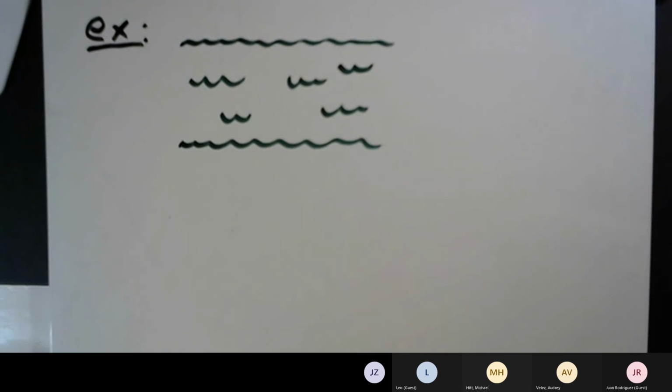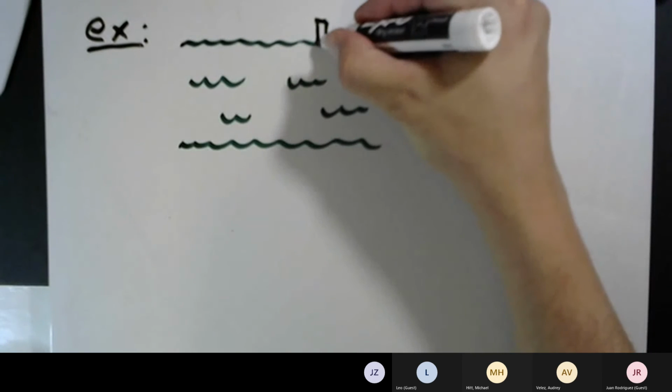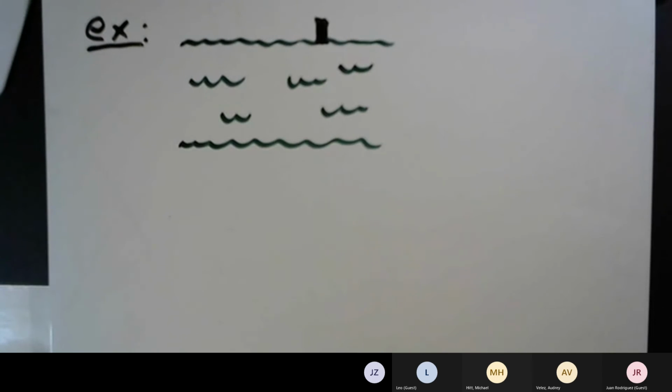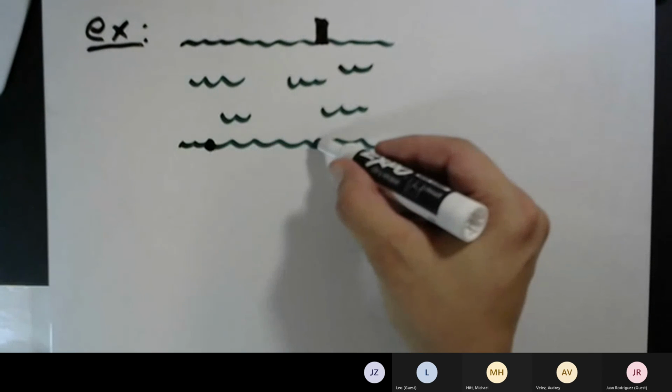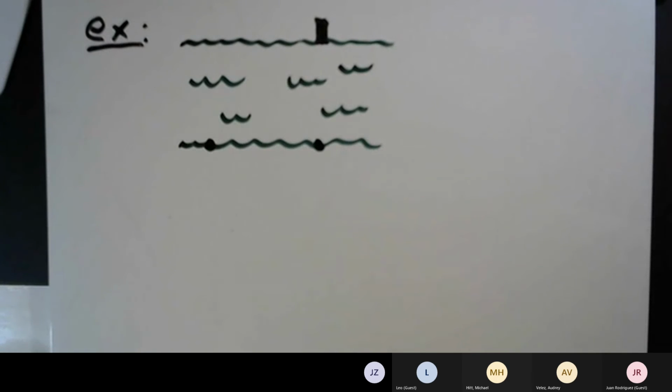And let's say there's some kind of a post, an old bridge pylon, on the side of this river. And you're standing here on the very edge, and you marked a spot directly across from that post.